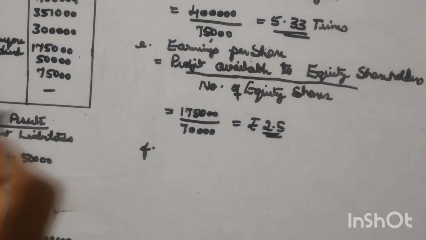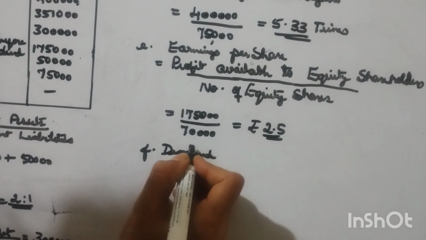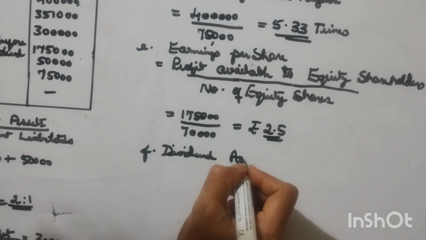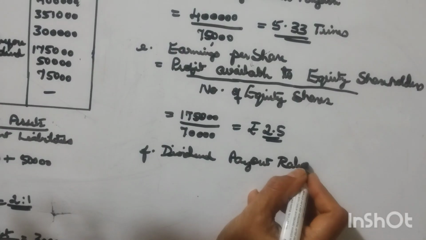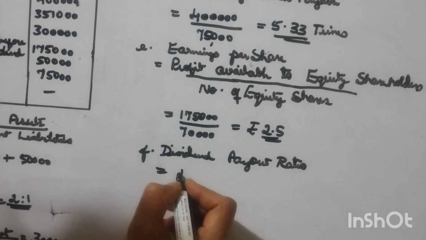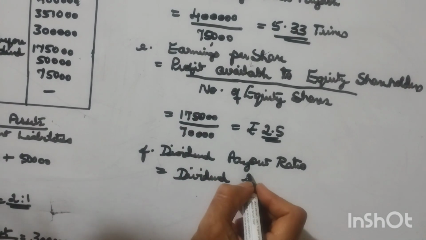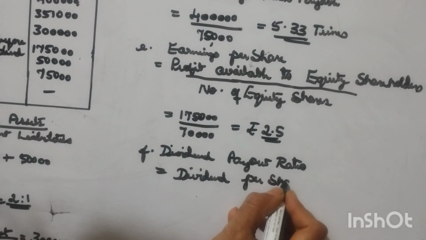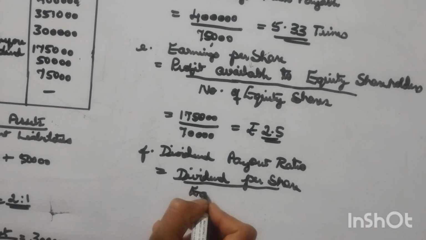Finally, dividend payout ratio. We need to calculate the dividend payout ratio. The formula for the calculation of dividend payout ratio will be dividend per share divided by earnings per share.